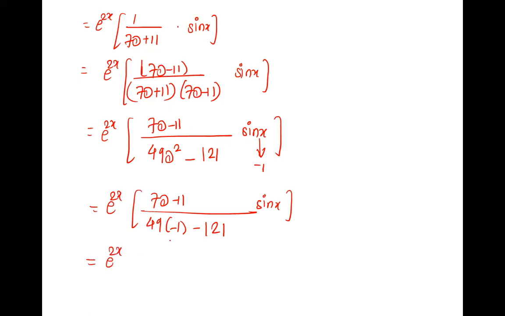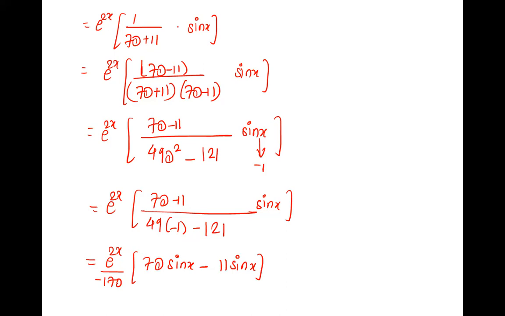Can you just solve the term? Minus 170. I'll take it here, divide by minus 170. And what remained is 7D sin x minus 11 sin x. Have you checked properly?